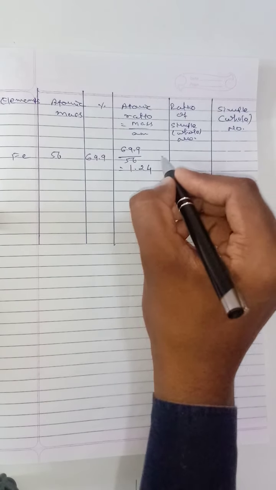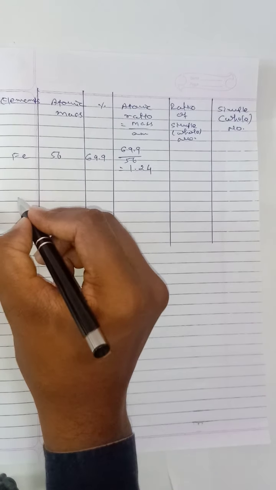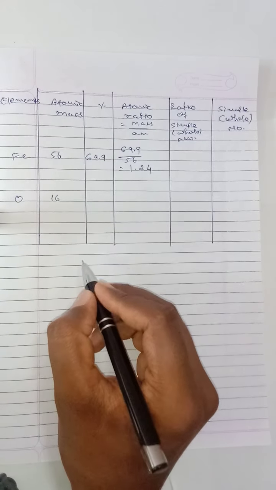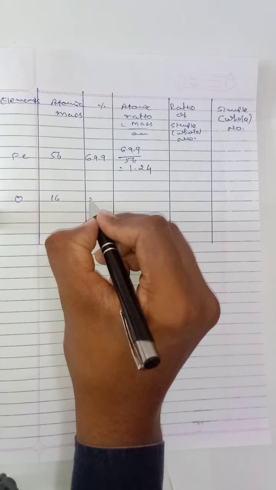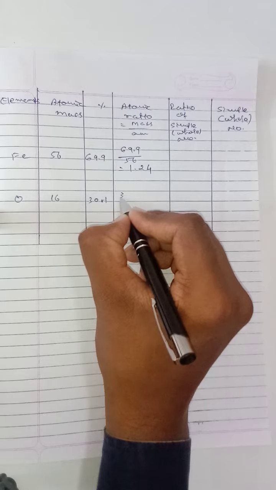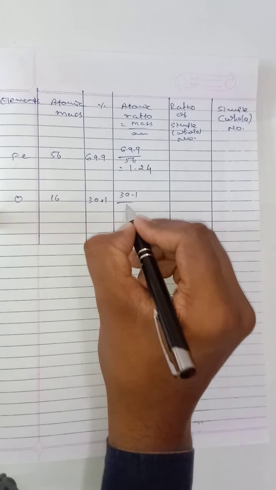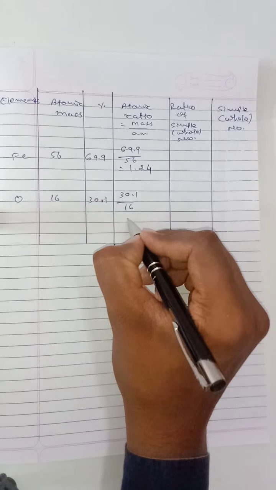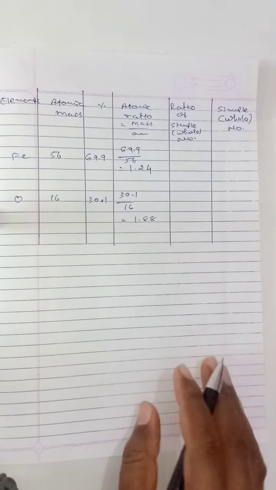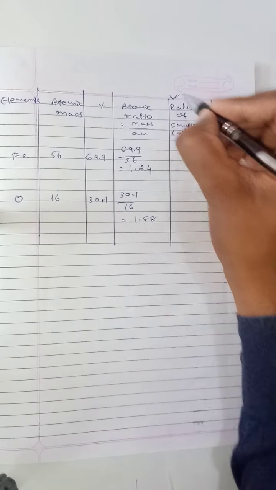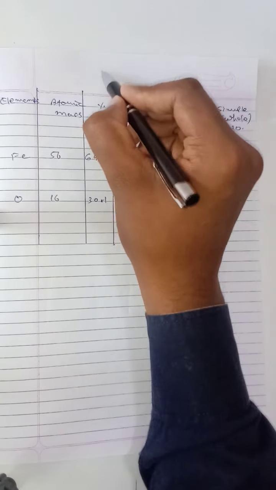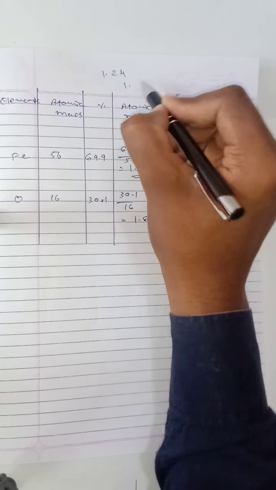Ratio of simple number we can calculate after this: oxygen 16, percentage 30.1, atomic ratio 30.1 divided by its atomic mass of oxygen 16 equal to 1.88. Now you can calculate the ratio of simple number.